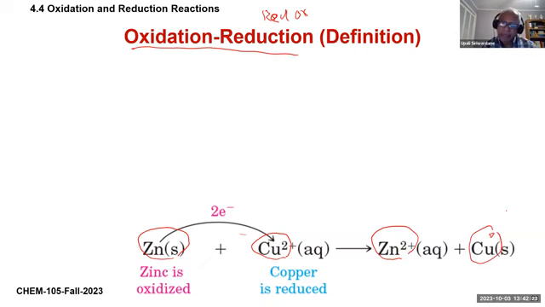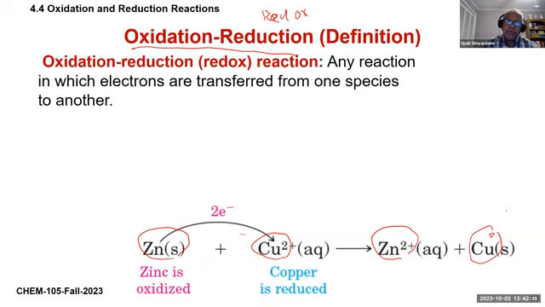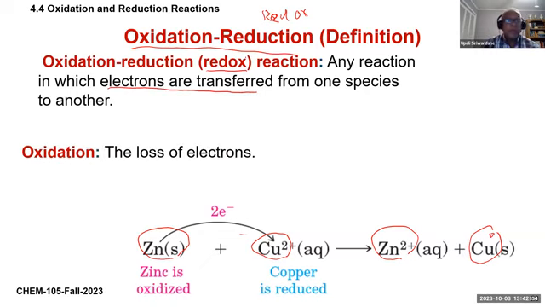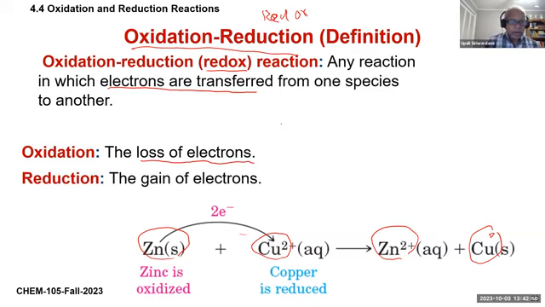So that's the electron transfer. Electron transfer reactions are called redox reactions. There's a definition: electron loss from an atom or ion is called oxidation. Reduction is gain of electrons. Zinc loses electrons, so it gets oxidized. Copper gains electrons, so it gets reduced.